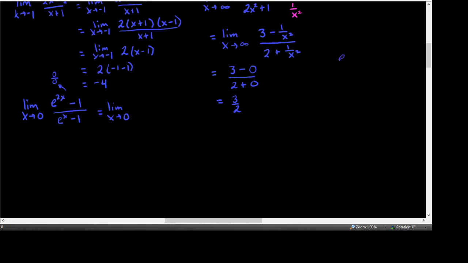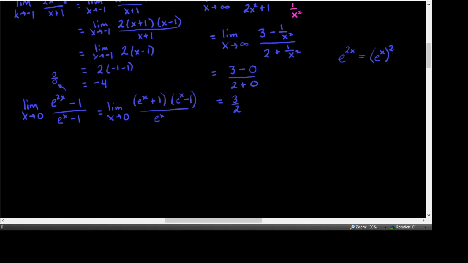Let me remind you that e to the 2x is the same thing as e to the x quantity squared. And so that numerator factors to be e to the x plus 1 times e to the x minus 1, divided by e to the x minus 1.